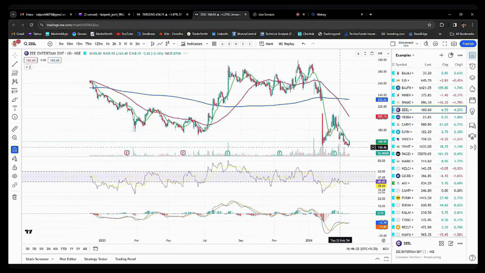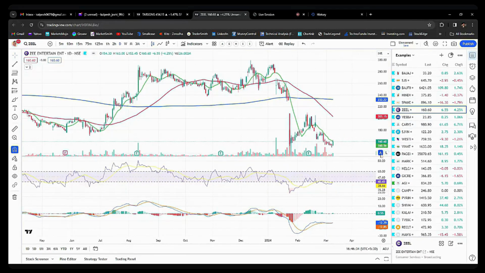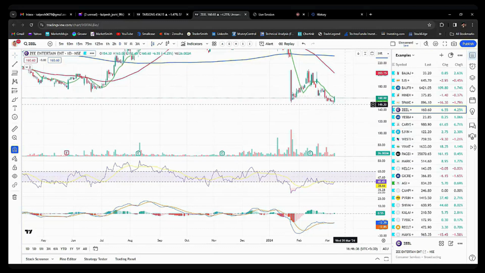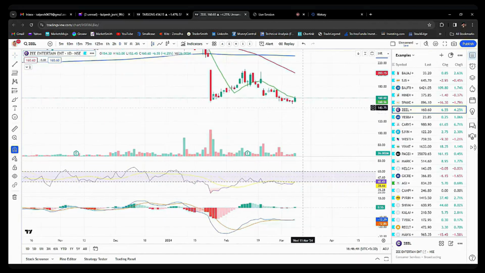Zeel is the best example here. See, this is the previous support which I was talking about. This is the previous pivot. Here you got a doji or a hammer, and above the hammer you can have a trade here.